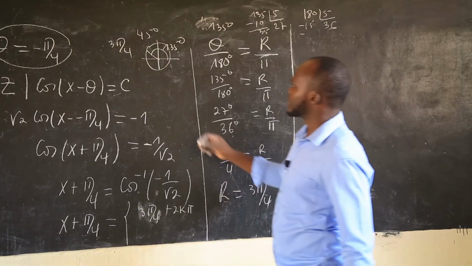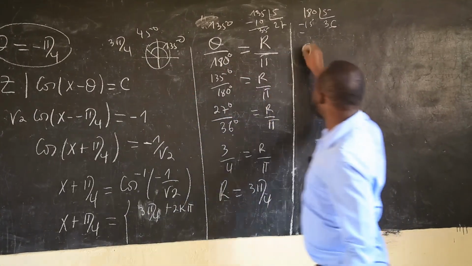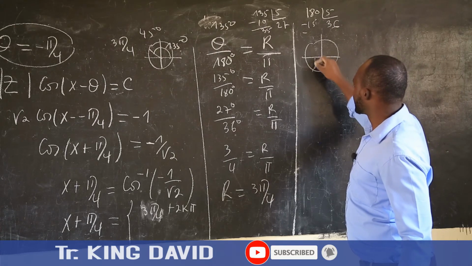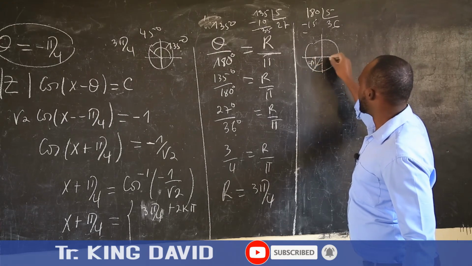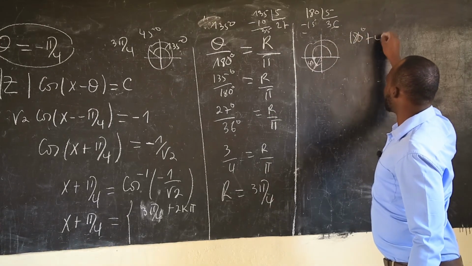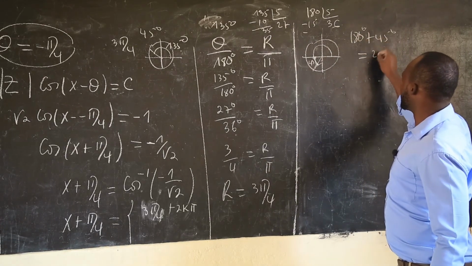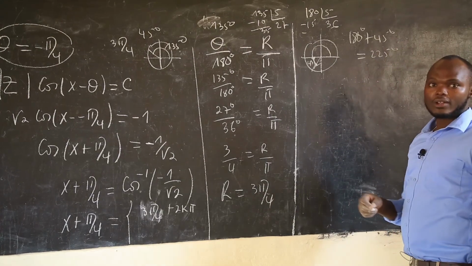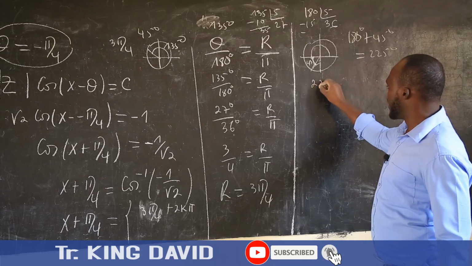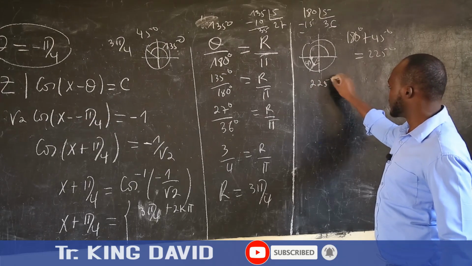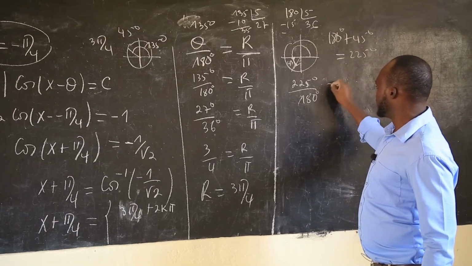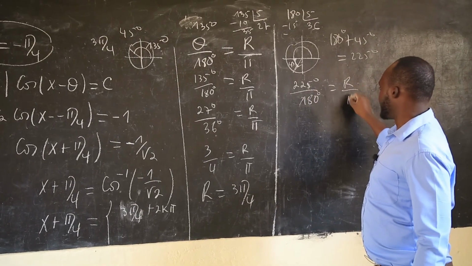Now in the third quadrant, if there is a circle here and this is 45 degrees, from here to here it is 180 degrees plus 45, which is 225 degrees. How can you convert 225 degrees into radian? You get 225 degrees over 180 equal to rad over pi.